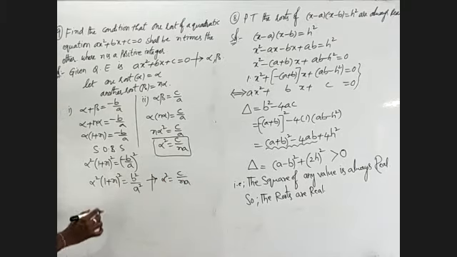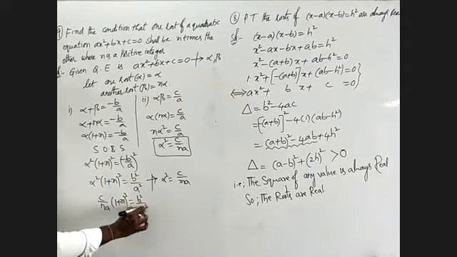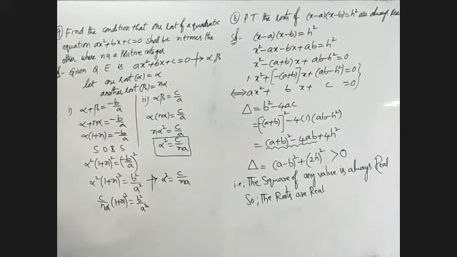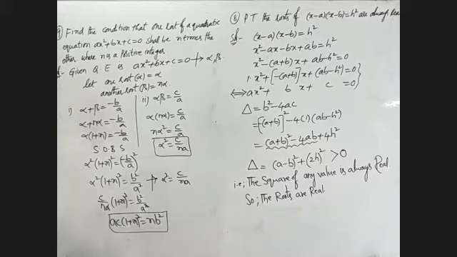We will substitute in this given one: c by n a into 1 plus n whole square is equal to b square by a square. We'll observe a and a will be cancelled. By using cross multiplication, a into c is ac into 1 plus n whole square is equal to n into b square, that is nb square.